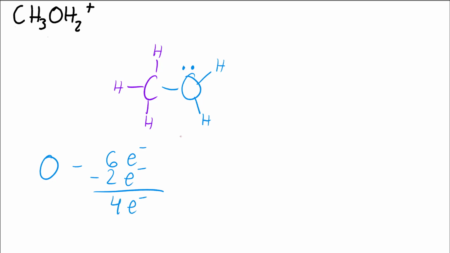All right. Now we're going to count the bonds that we have. That is 1 bond, 2 bonds, and 3 bonds. So 4 minus 3 is a positive 1 charge, right? So oxygen therefore would have a positive 1 charge. Again, we count the electrons that the atom would already have.